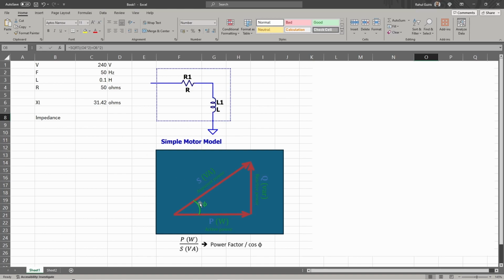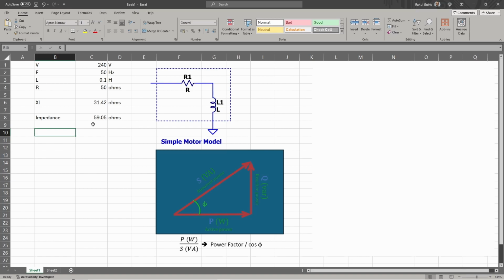What we have to do is use Pythagoras theorem, so we have the resistive component on the x-axis here, and we have the reactive component on the y here. And what we're doing is basically calculating this. And we can do the same thing for impedance. So what I'm going to do here is do the square root of r squared plus xl squared. So this is just Pythagoras theorem, so c squared equals a squared plus b squared. And we get a total impedance of 59.05 ohms.